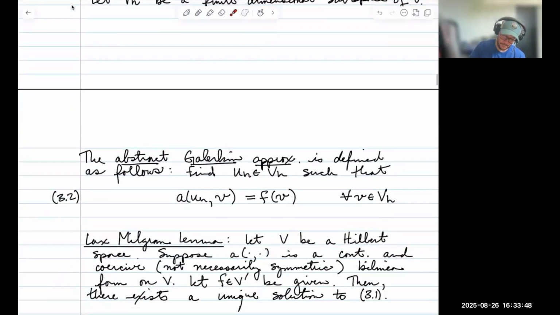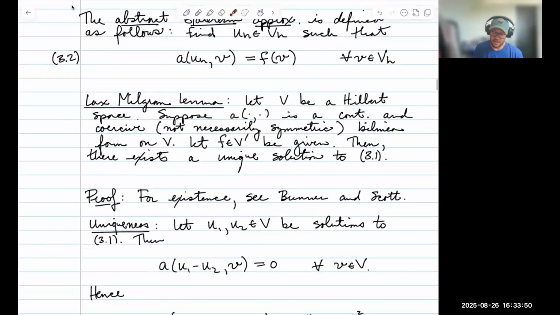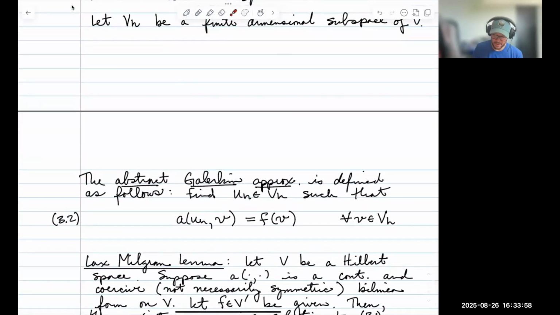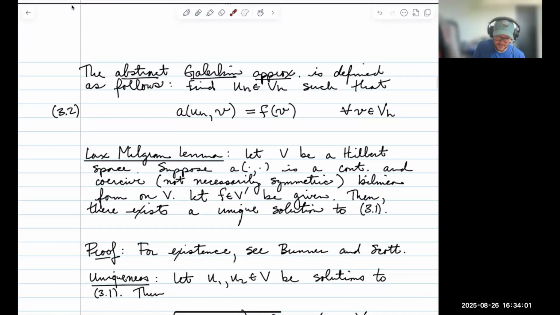Now, as I said, we don't need to abstract yet to Hilbert space just to define this problem. But at this point, it makes sense to do so when we start talking about this thing called the Lax-Milgram lemma, which is really a theorem, actually. Okay, so let's see how it goes. Let V be a Hilbert space.